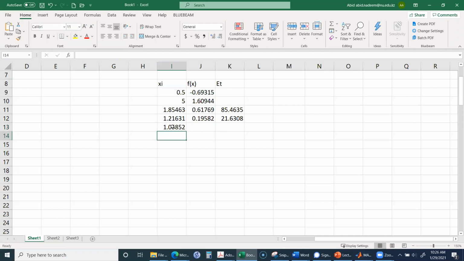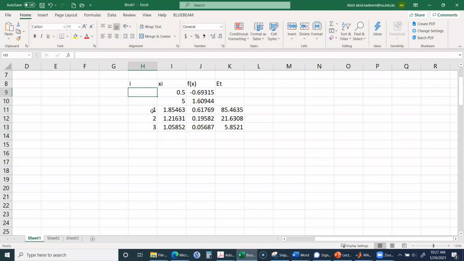So now I get 1.05, and you can see that the difference is about 5%. So these are the three iterations: first, second, third.